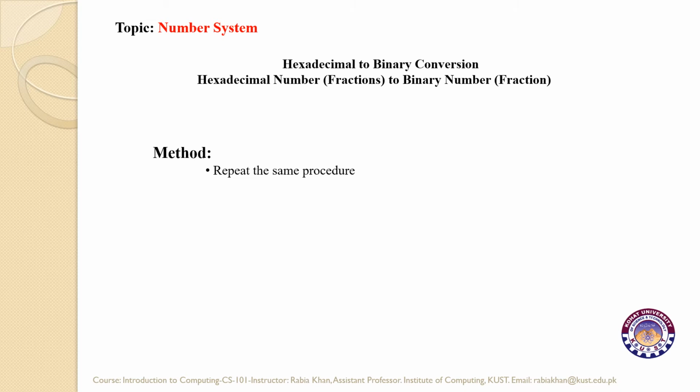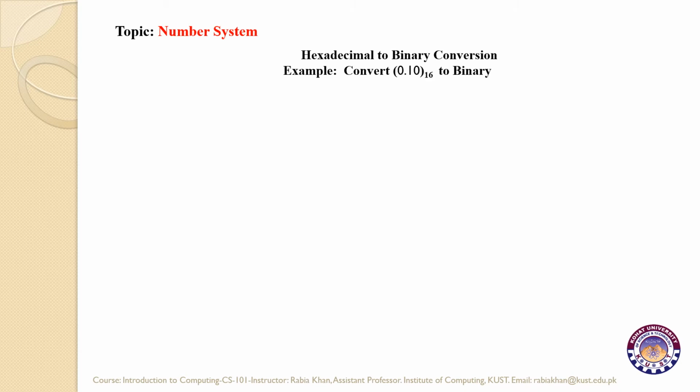Let's see with some examples. Here you can see we are given a hexadecimal number 0.10 and we have to convert it into a binary number.